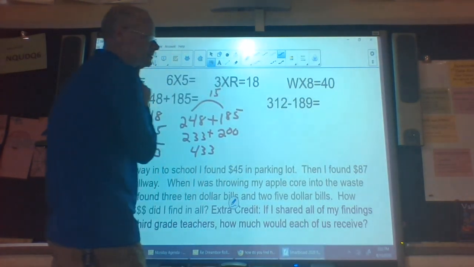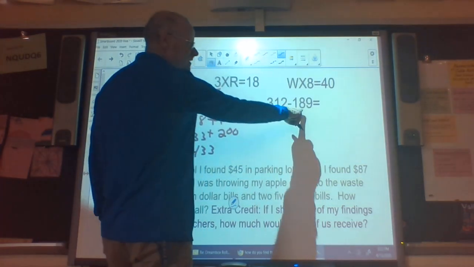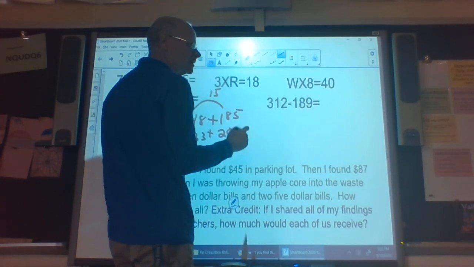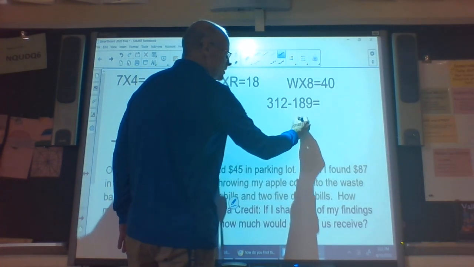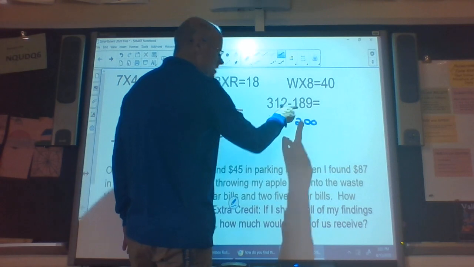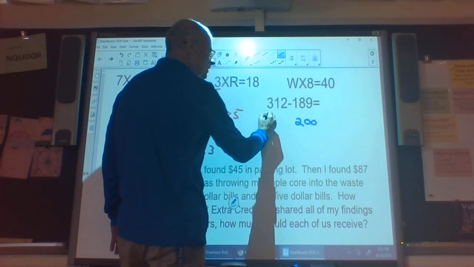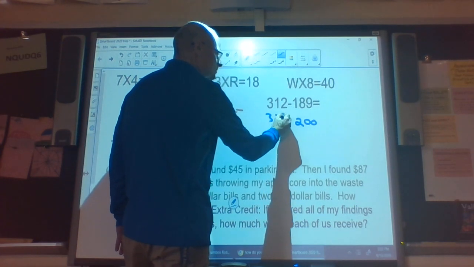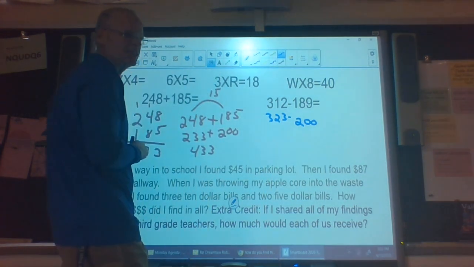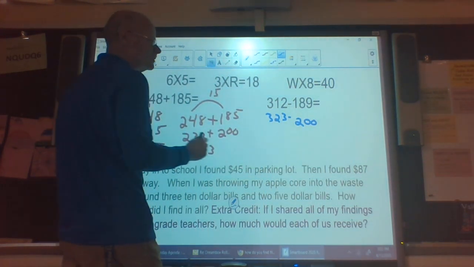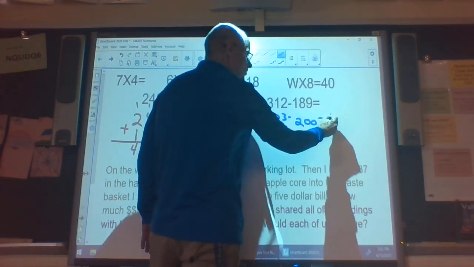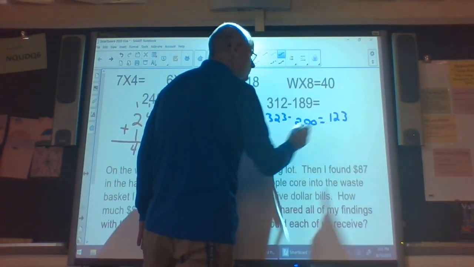I really want to make this number into 200. To do that, I have to give it 11. So I'm going to make this 200. And in a subtraction problem, if I give, I have to give to this one too. So I'm going to make this 323. Now, easy subtraction. 323 minus 200 equals 123.